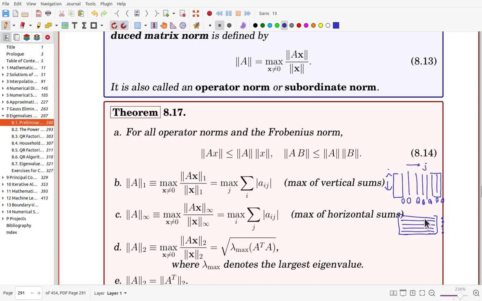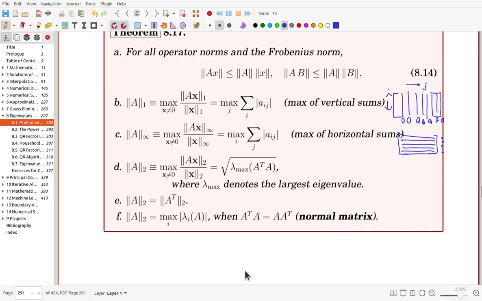Among these, we choose the maximum. That is the same as the matrix maximum norm. So it is not much confusing. One is vertical, so you are doing vertical summation, and the infinity norm is horizontal, so you are adding horizontally. It is quite clear, right?